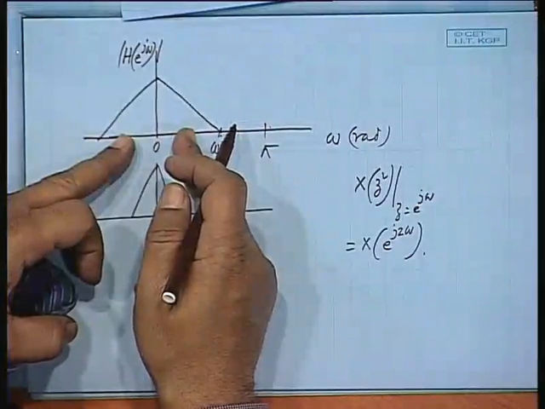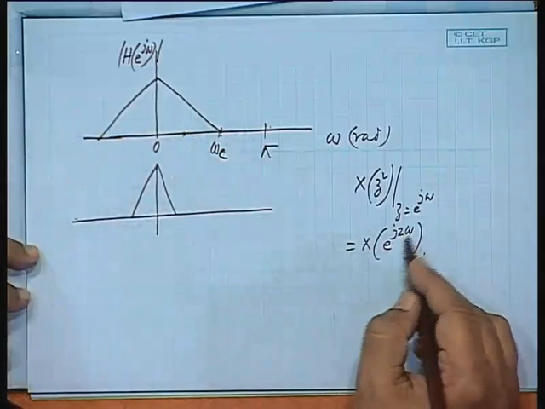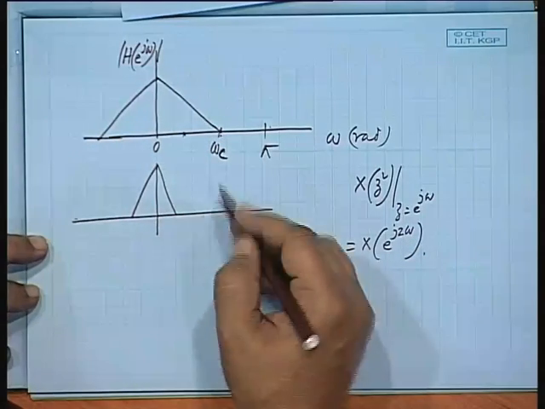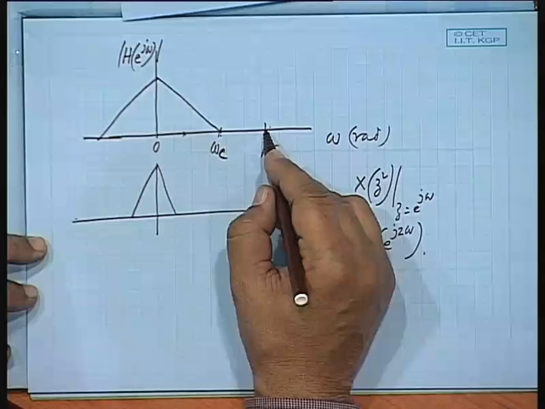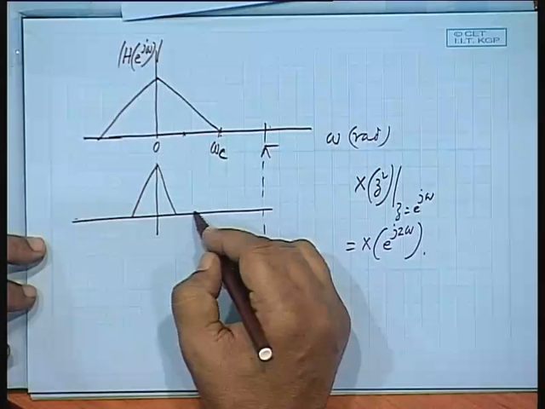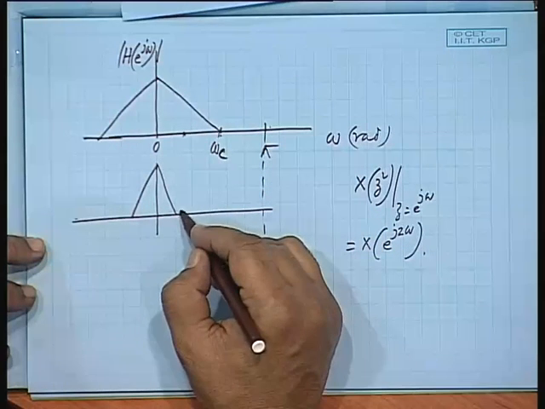This base has been reduced to half. But then if I keep on increasing omega, this gets repeated also. So, within pi it will start reappearing also.